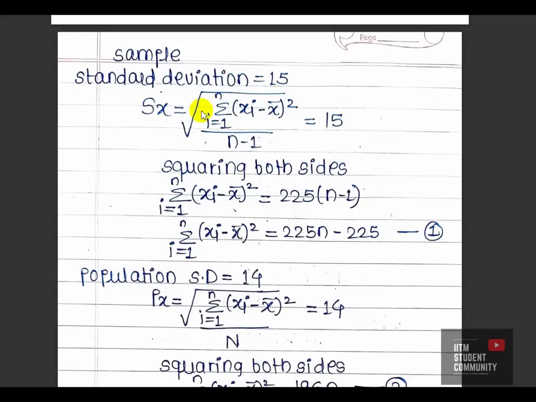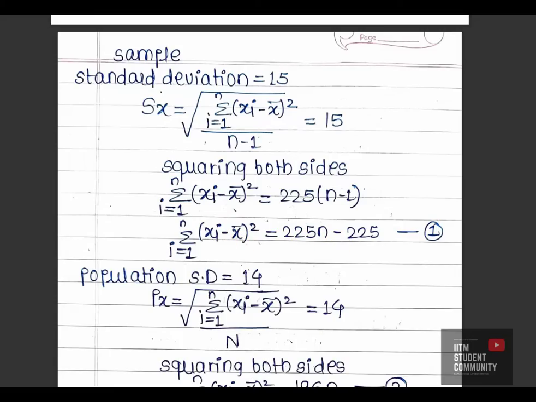We write the formula for sample standard deviation, that is square root of summation i equals 1 to n of xi minus x bar the whole square, the whole upon n minus 1, which is equal to 15. We square both sides to remove the square root. 15 square we get it to be 225, n minus 1 to the right side, we get equation 1 as summation xi minus x bar the whole square is equal to 225n minus 225.